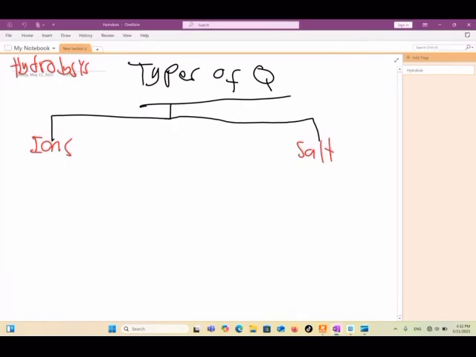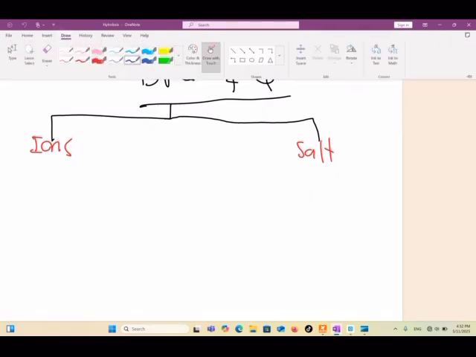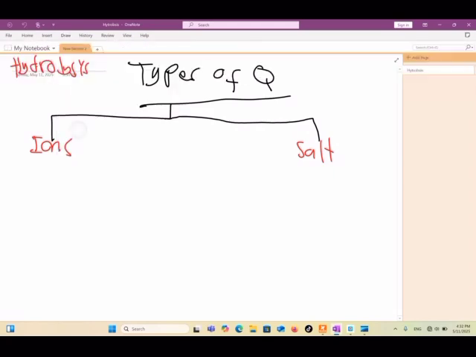Guys, let us solve the types of questions that will appear in ministerial exams. Usually, there are two types of questions in hydrolysis. The first type of question is when the ions are given and it asks which of the following undergo hydrolysis, or undergo cation hydrolysis only, anion hydrolysis only, or undergo both hydrolysis.